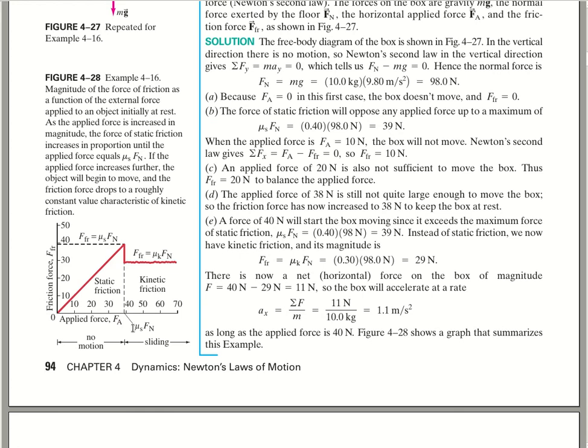This is a nice graph that represents the friction force versus the applied force. You can see that in the beginning you apply the force and the friction force is the same, until it starts moving.